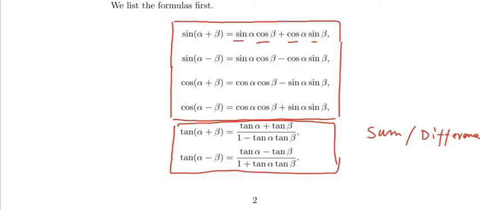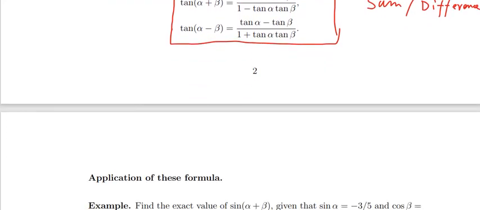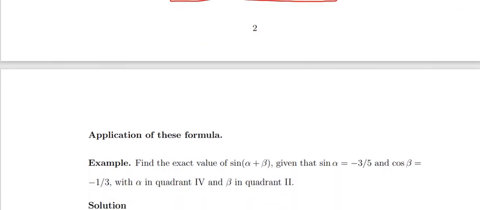So with these formulas, what can we do? Let's talk about the applications of those formulas. Basically, if you give me two angles, we can find others.